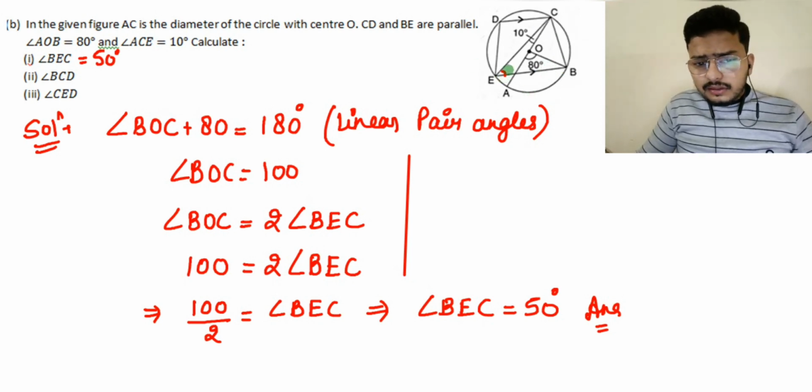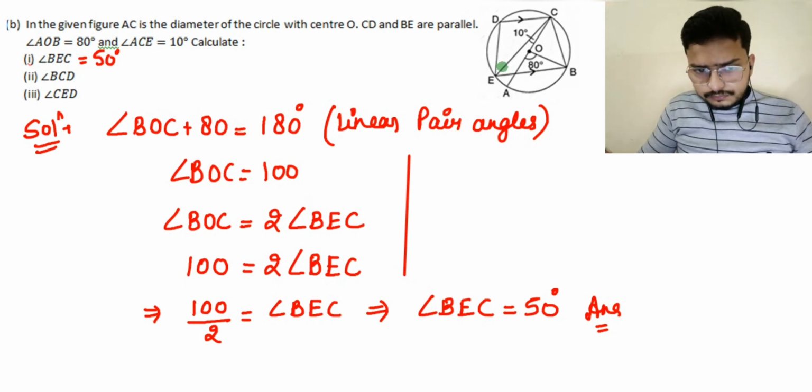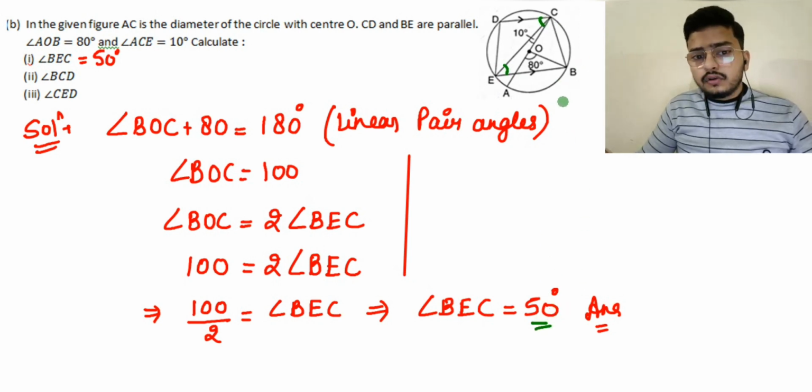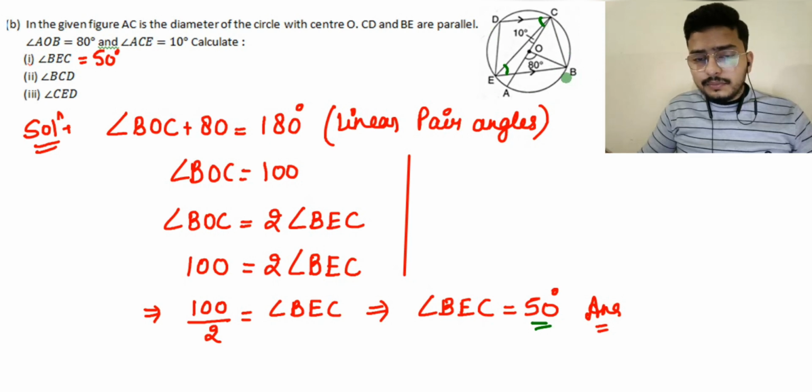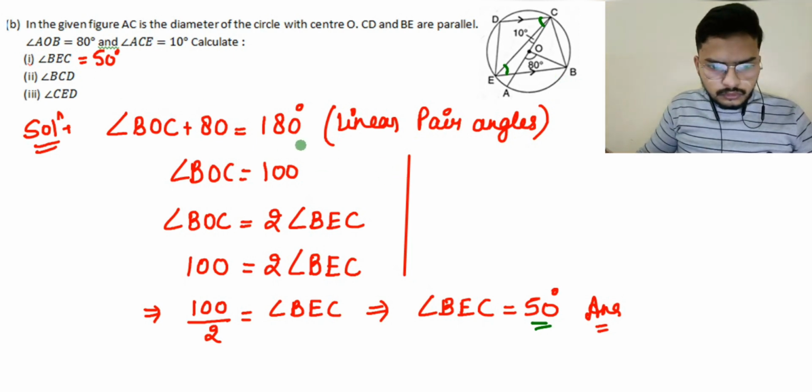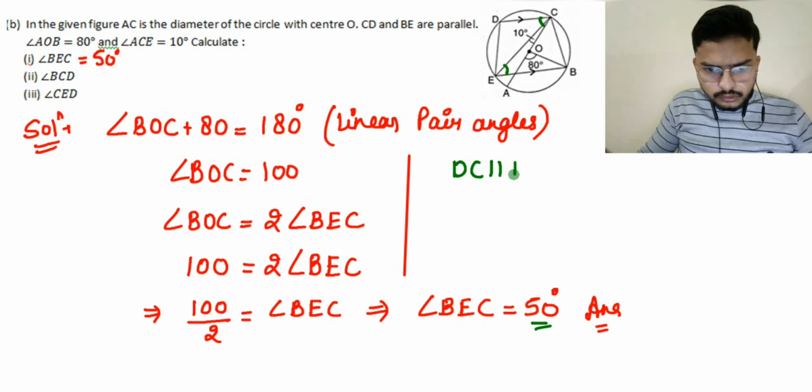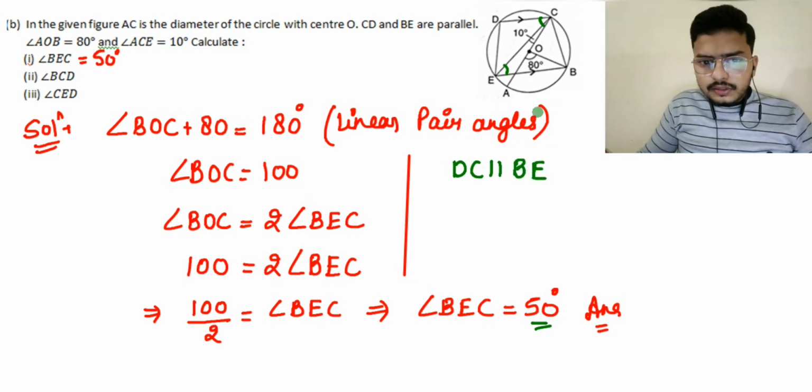If this angle is 50, then this angle is also 50. Why is it 50? Because DC and BE are parallel lines, right? So just write this one, that DC is parallel to BE. It is given in the question that these arrows show that these two lines are parallel.